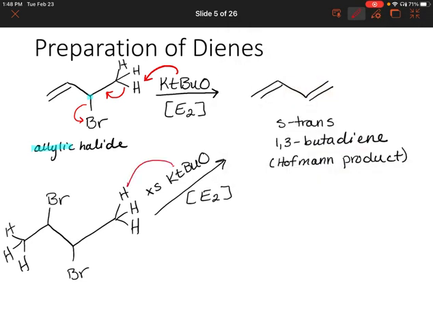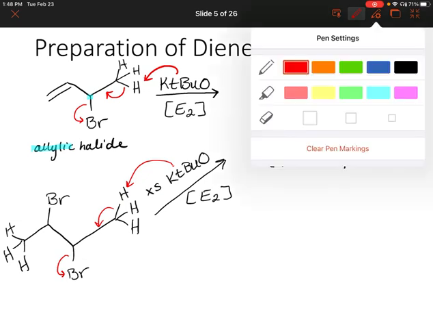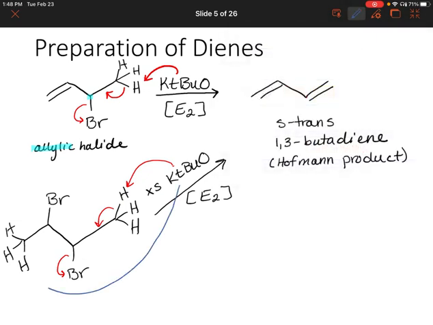So it will take a hydrogen from one end, and then another tert-butoxide molecule will come in and take a hydrogen from the other side. And we get the same product, that S-trans product. Now, how would we form the dihalide?